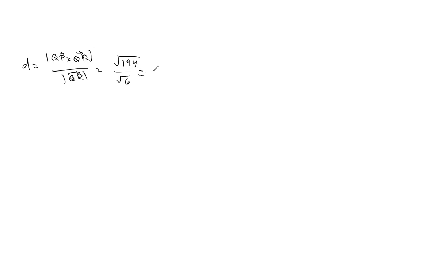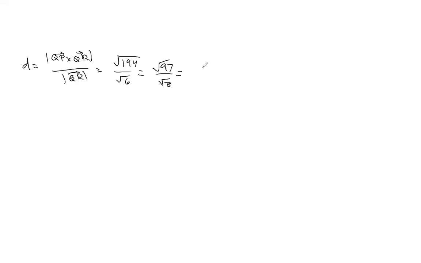Find everything out. What does that give us? 194 over 2 is 97, right? Yeah, 97. So it's, in other words, going to be the square root of 97 over the square root of 3. Just seeing if we can clean this up at all.